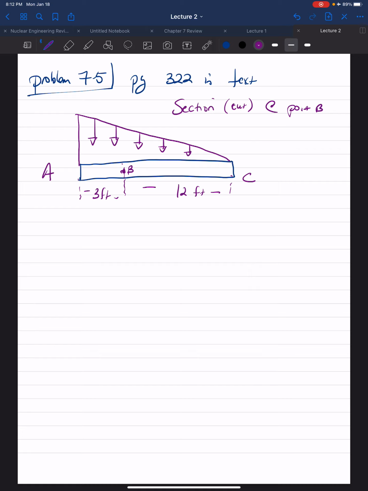If we work with AB, then we need to know the support reaction at A. But if we work segment BC, then we do not have to worry about a support reaction.